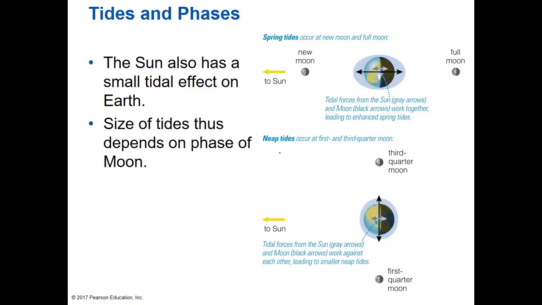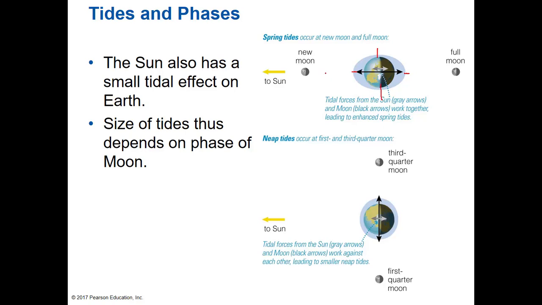So you have two high tides every day, depending on the location. Low tide occurs when the location is at the points halfway between the two tidal bulges. So you have the high tide at this point and this point, and the low tide at this point and this point.